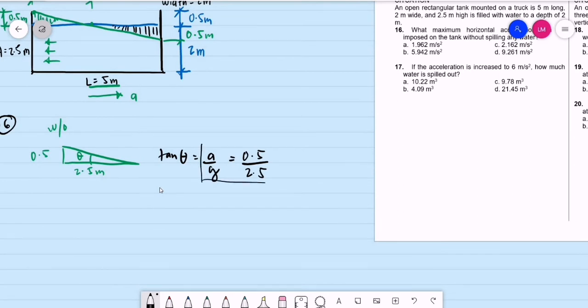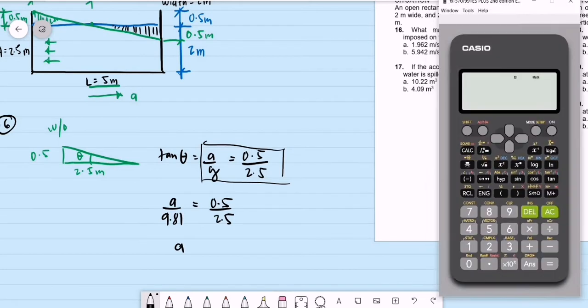We are just to consider these terms, that is the acceleration divided by the acceleration due to gravity, which is 9.81, equal to 0.5 divided by 2.5. So computing for the acceleration, we have that is the same as 9.81 multiplied by the ratio of 0.5 divided by 2.5.